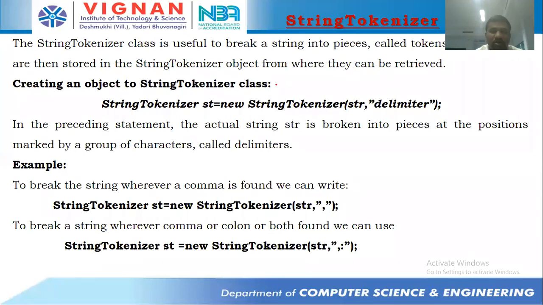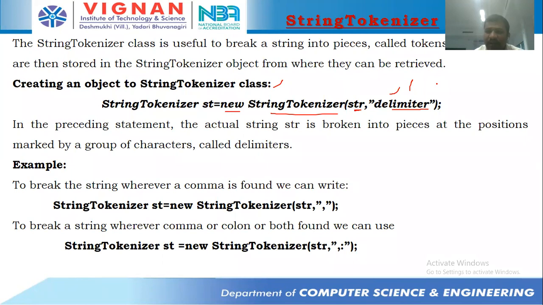See, creating a StringTokenizer object: we create it as StringTokenizer st = new StringTokenizer(str, delimiter). Within double quotes we take some delimiter. That means the string you want to divide goes here, comma, delimiter. The delimiter might be a comma, or a slash, or a space, anything you want to consider as a delimiter.